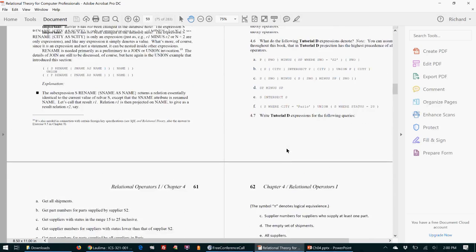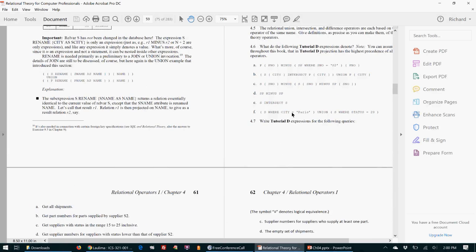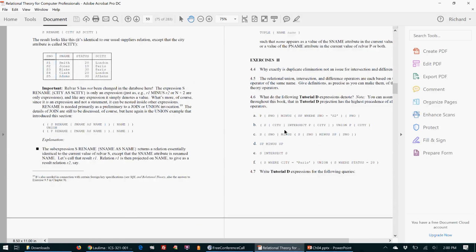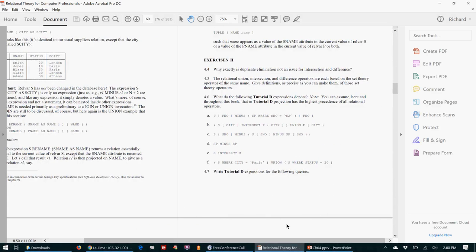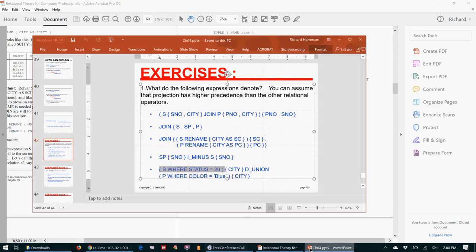D union here. Where is that? Are these different? I can't remember what D union is.